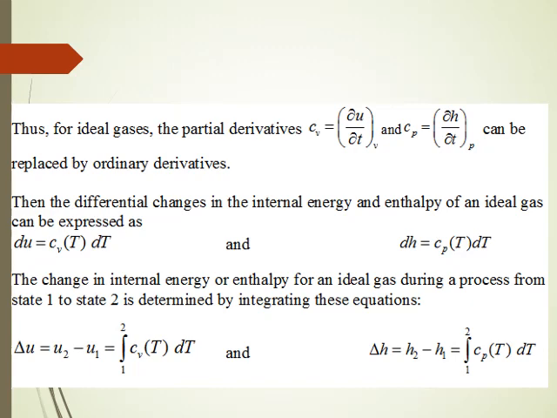These tables are obtained by choosing an arbitrary reference point and performing integrations, treating state 1 as the reference state. In many of the ideal gas tables that you may find in books, 0 Kelvin is chosen as the reference state, and both enthalpy and internal energy are assigned the value 0 at 0 Kelvin.